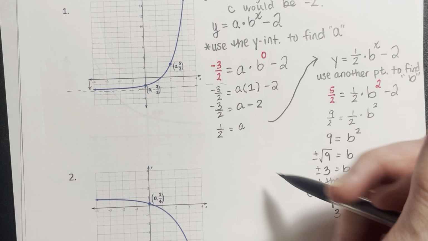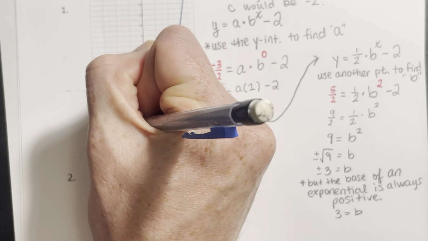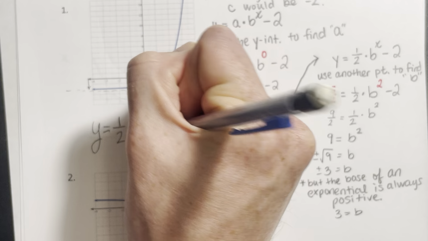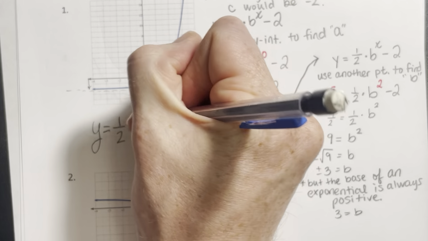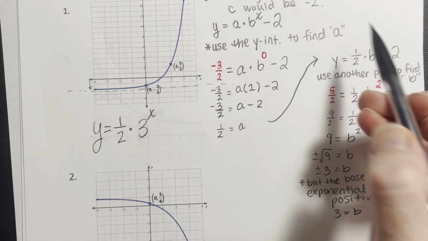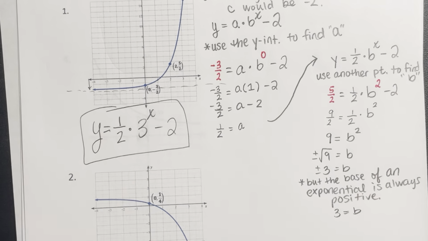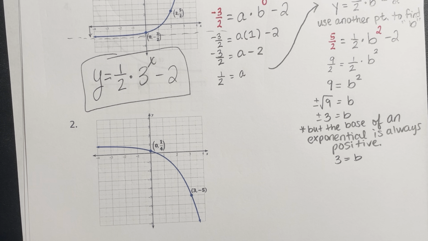Now I'm kind of bleeding into my space for number 2, but my equation would say y equals a, which was 1/2, times b, which is 3, to the x power, and then minus 2. We use that same process for all of these graphs.